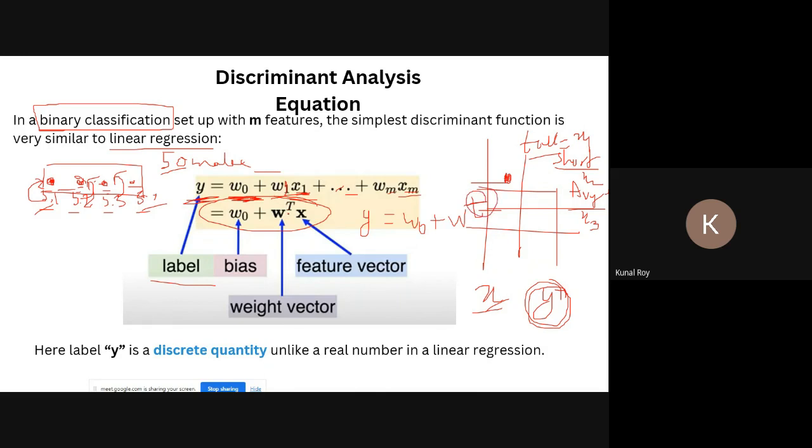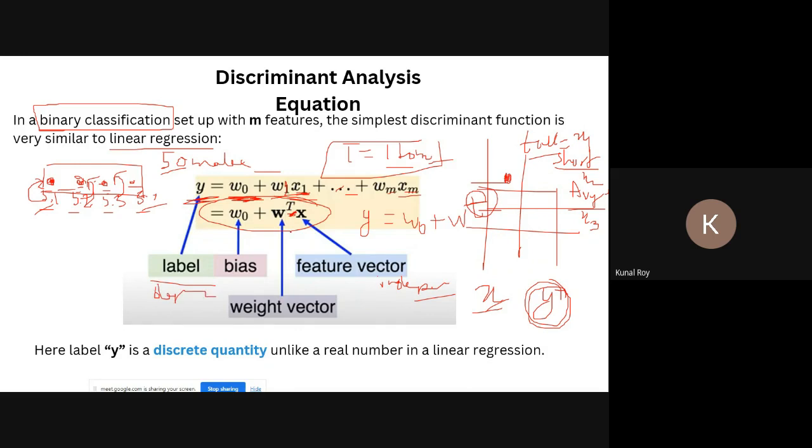This t can be from 1 to m. So this is a weight vector, and this is a feature vector, which is an independent variable, and this label is a dependent variable.